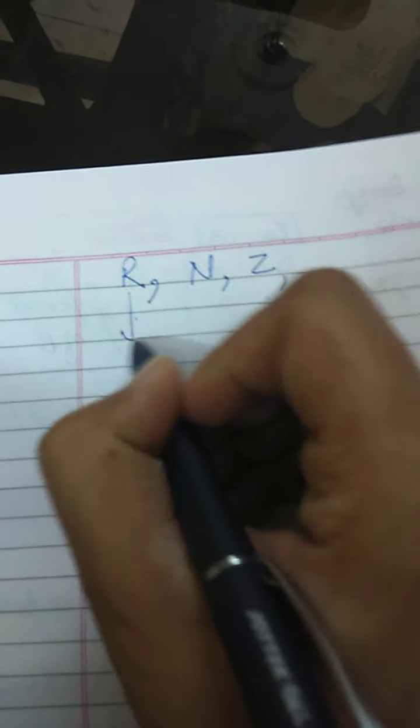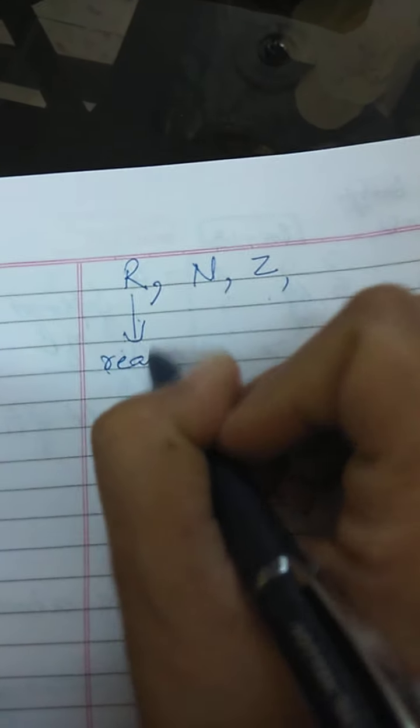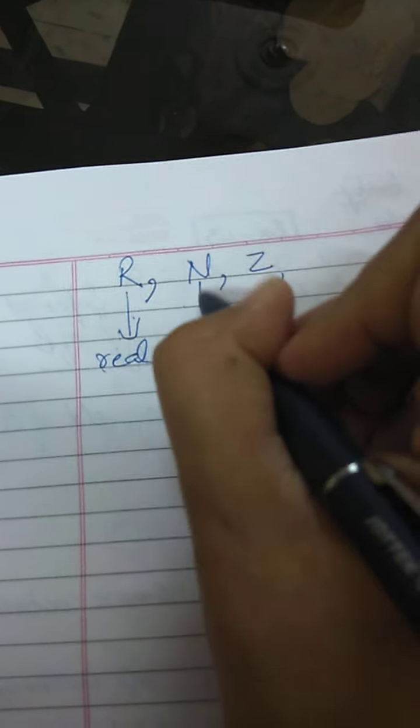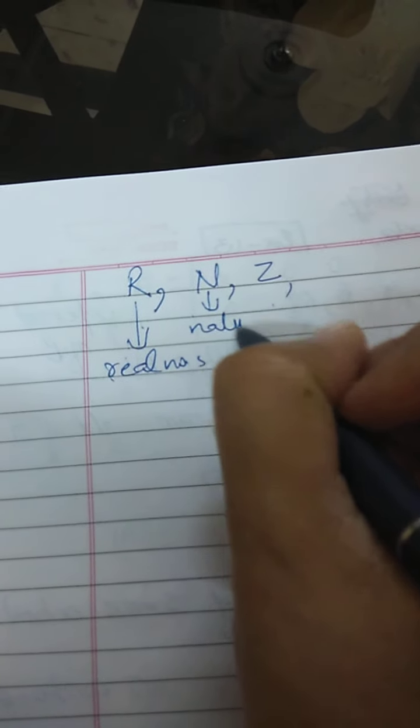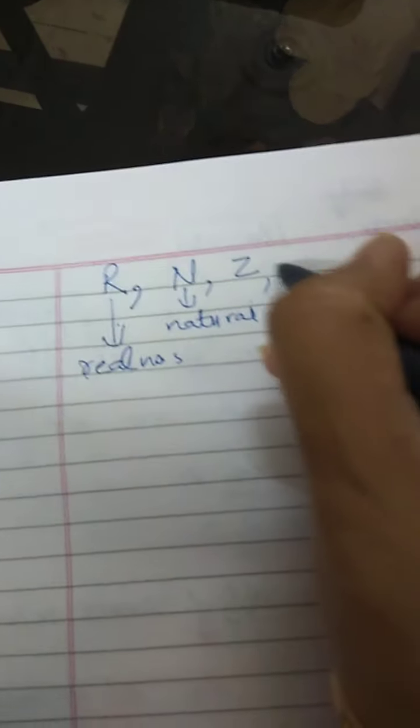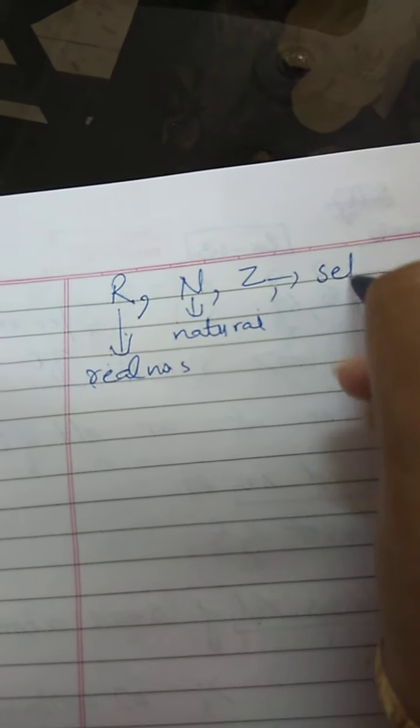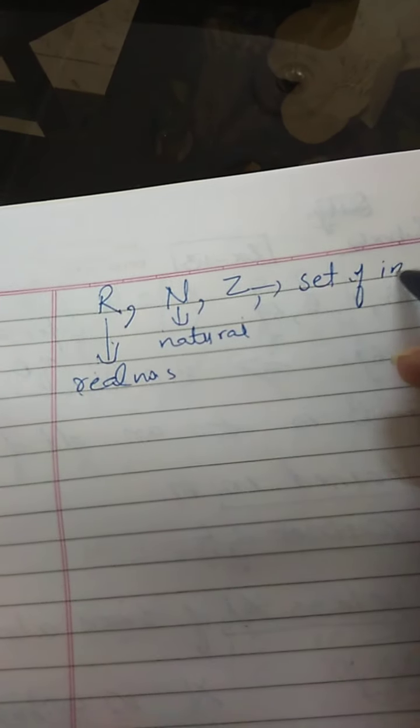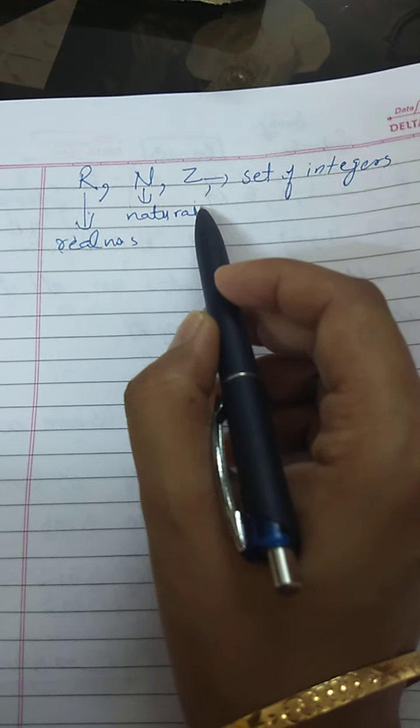R means the set of real numbers, so all the real numbers are there. N is all the natural numbers. And Z is the set of integers. If you want, you can take whole numbers, irrational numbers, rationals also, every other set we can consider. I want to make the relationship between these things.